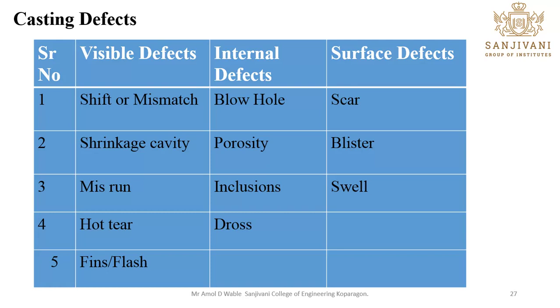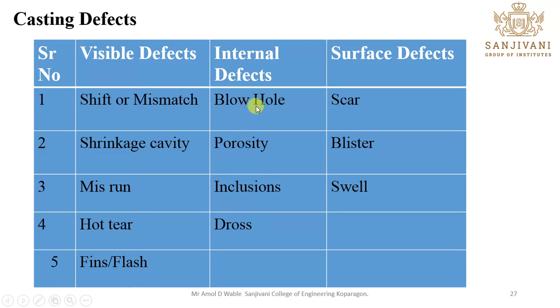If you rub the component's surface, below that you will find some blowholes or scar or blister. So visible defects like shift or mismatch, shrinkage, cavity, misrun, hot tear, fins, flash.